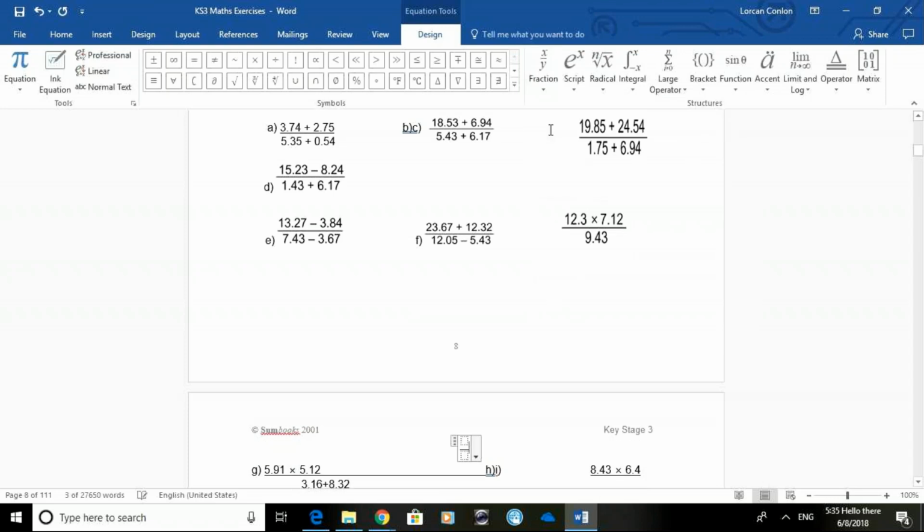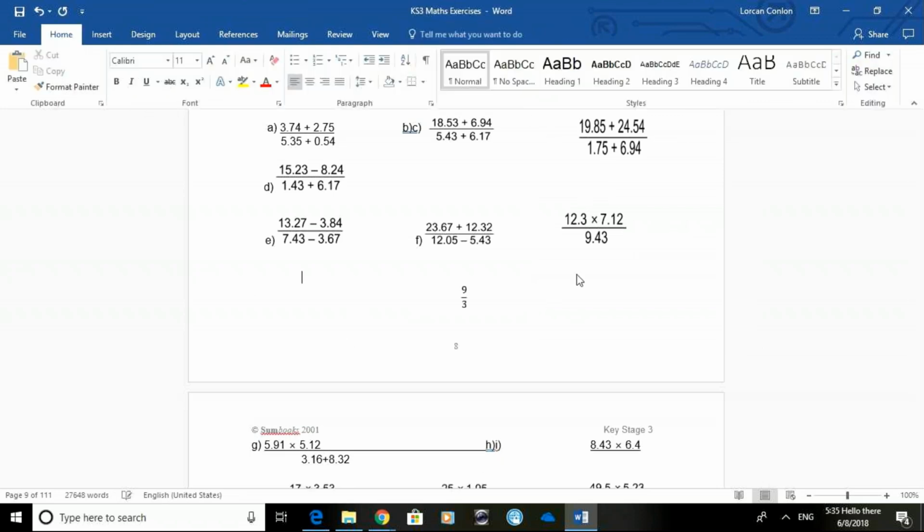So 9/3 is going to give you 3 wholes. Basically, this is the way I would look at it. You have 9/3, okay? That's exactly the same as 9 divided by 3.